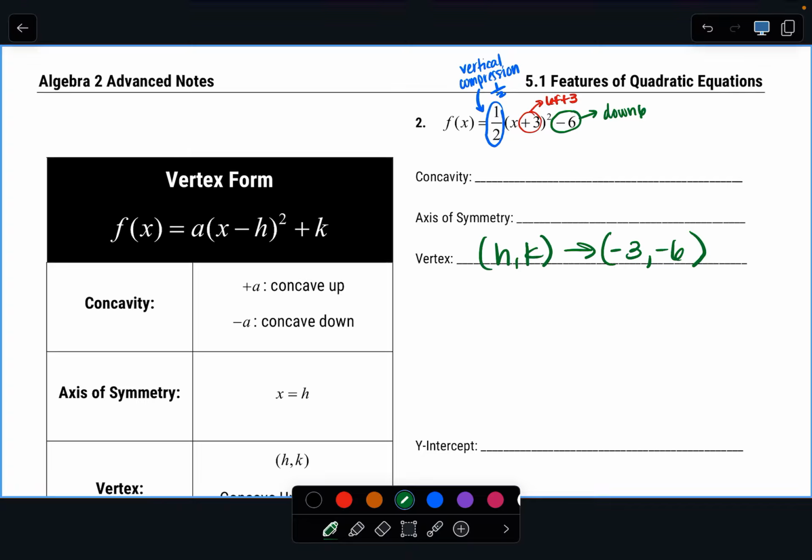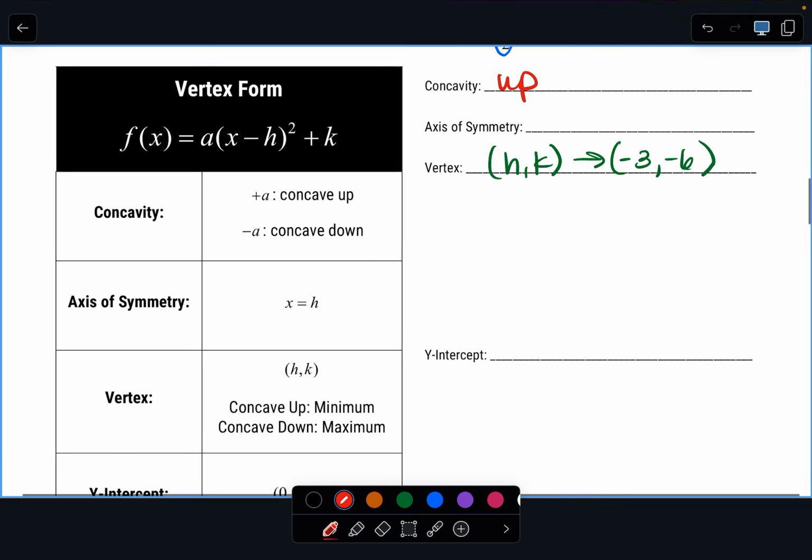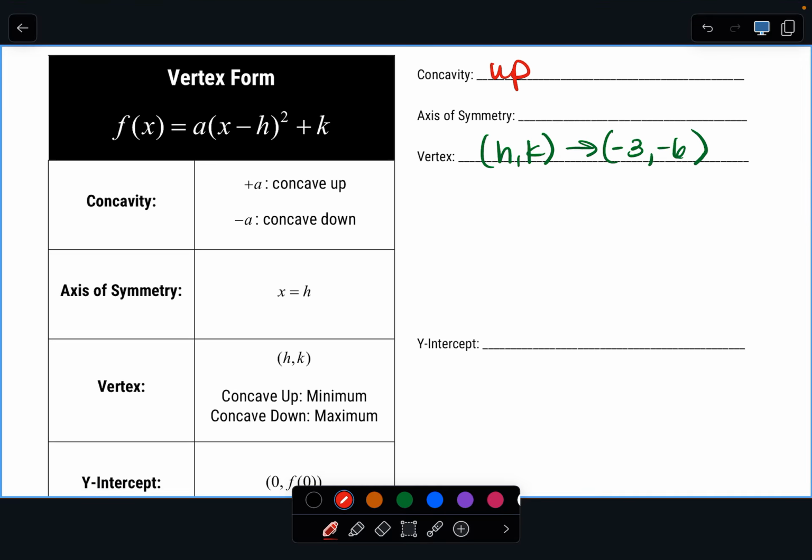Now, my A is a positive 1/2. So is this concave up or is this concave down? Concave up. So if I had a negative, so if I were reflecting over the x-axis, meaning there was a negative sign at the very front, that would be concave down. One thing that stays consistent between the two things is the axis of symmetry is still h.